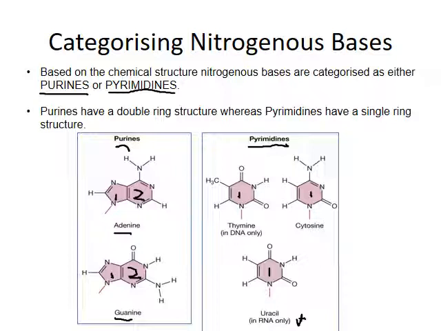I always try and think of crazy little ways to remember all sorts of things. This is one of my weirdest, but I'll tell you anyway. It might work for you, or you might just think that's ridiculous and come up with your own way. But as you guys would know, we have the base pairing rule.